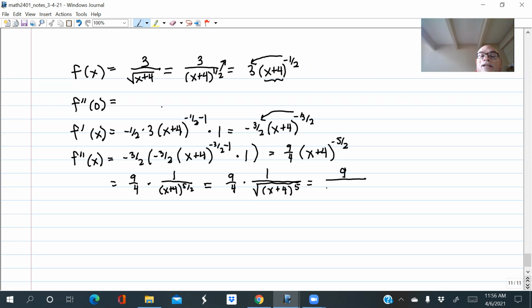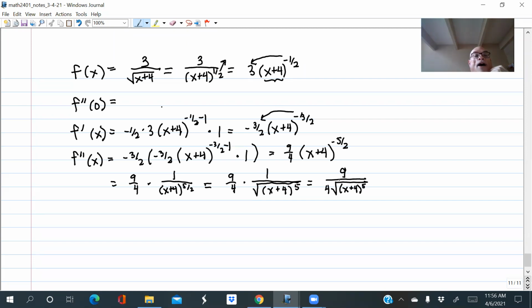So we have 9 over 4 times the square root of x plus 4 to the 5th power. Doesn't look that bad, okay? After we were finished with all of that, not that bad at all.